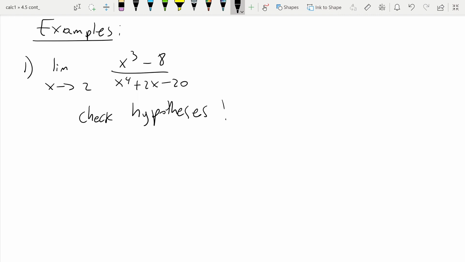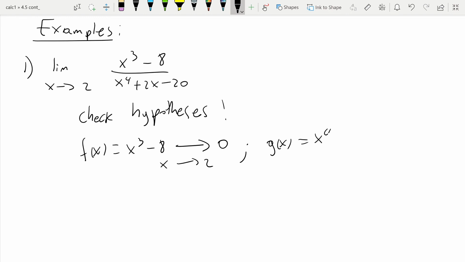So f of x here is equal to x cubed minus 8, which does indeed approach 0 when x approaches 2, and so does g of x, which is x to the fourth plus 2x minus 20, and this also approaches 0 as x approaches 2, because, well, if you just evaluate at 2, you get 2 to the 4th, which is 16, plus 2 times 2, which is 4, so you get 20 minus 20, that's equal to 0.